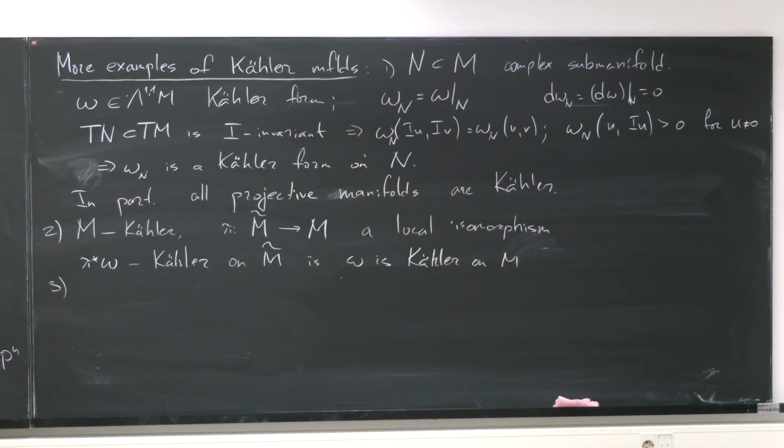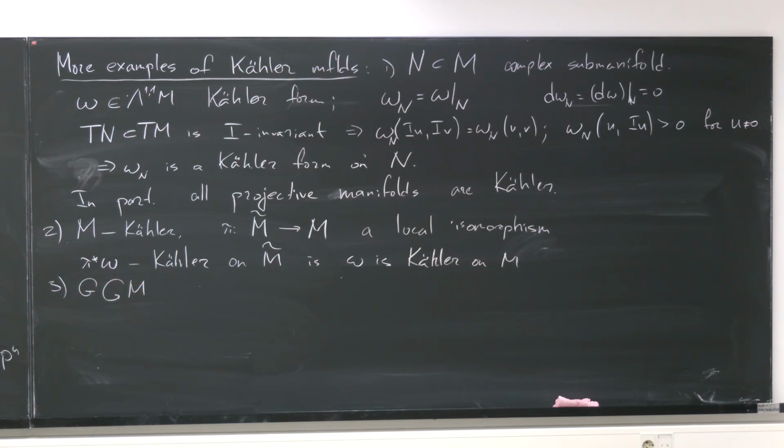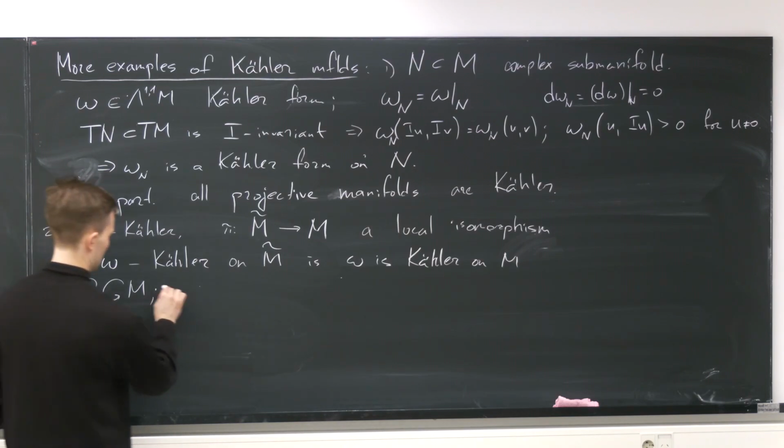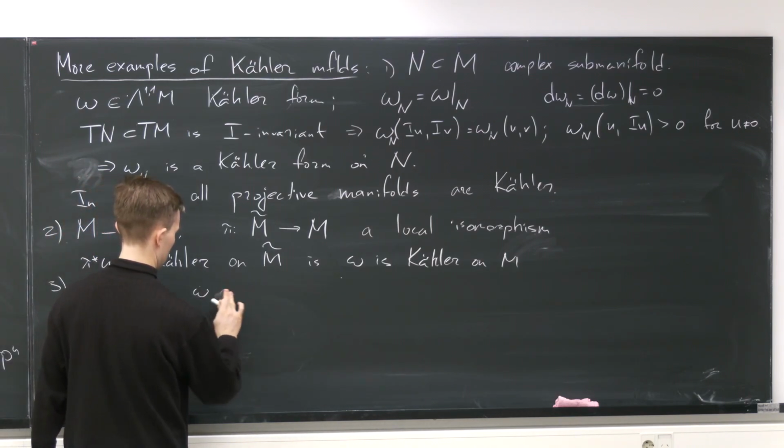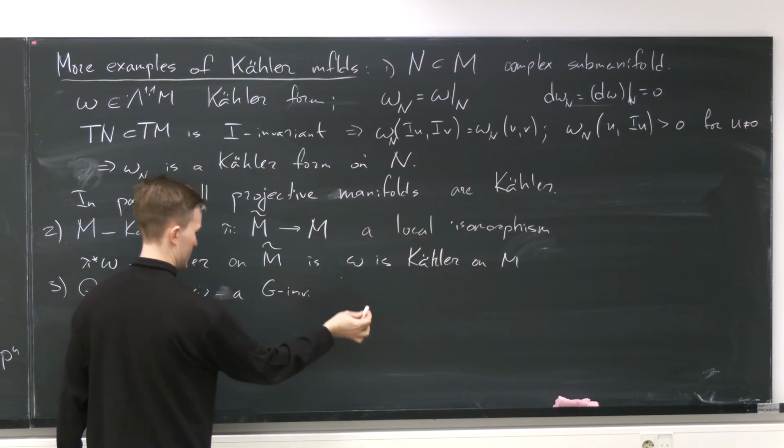Also, we can take quotients if we have some group action, and we have some Kähler form that is preserved by this group action, a G invariant Kähler form.